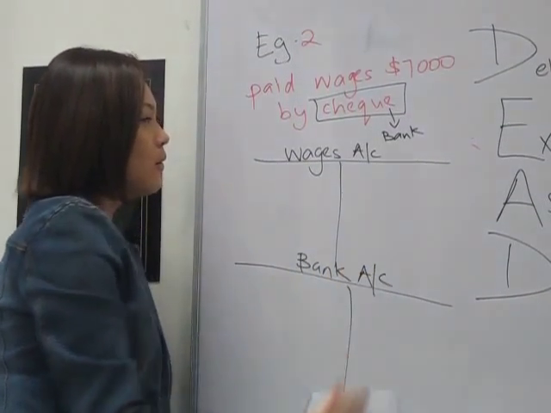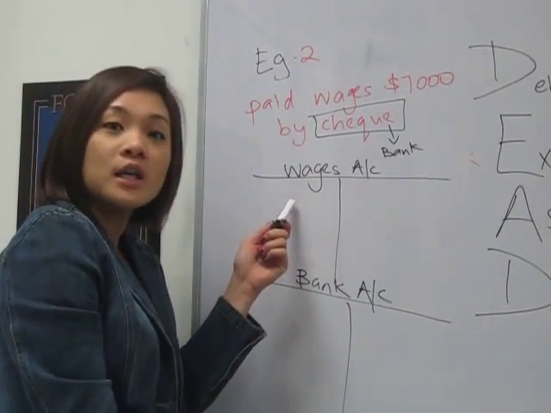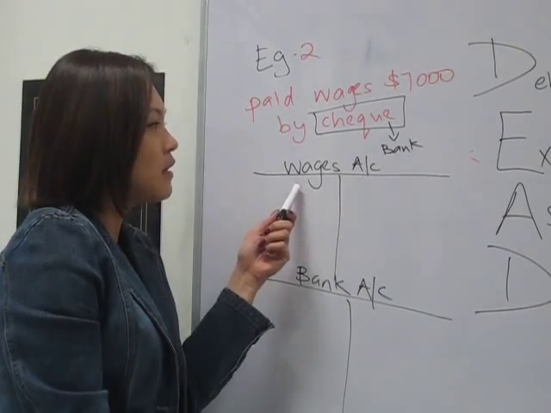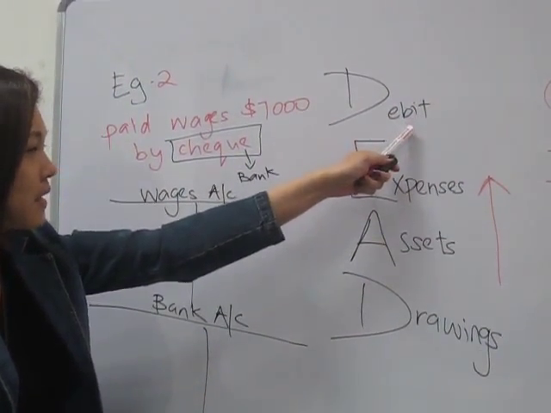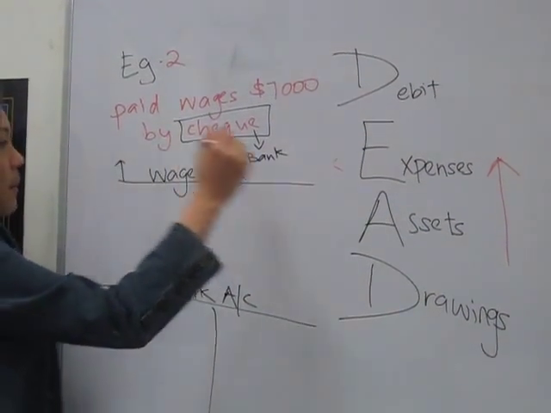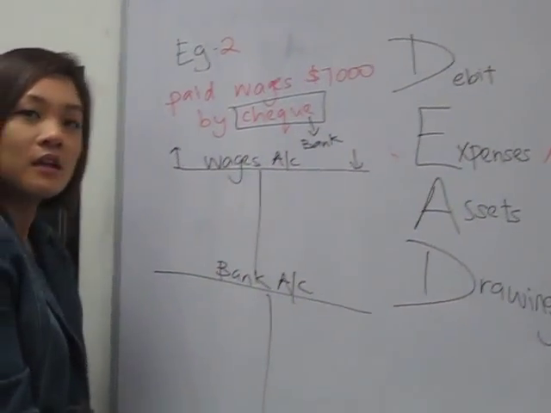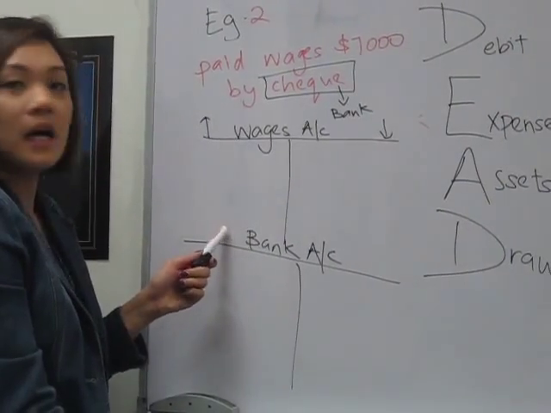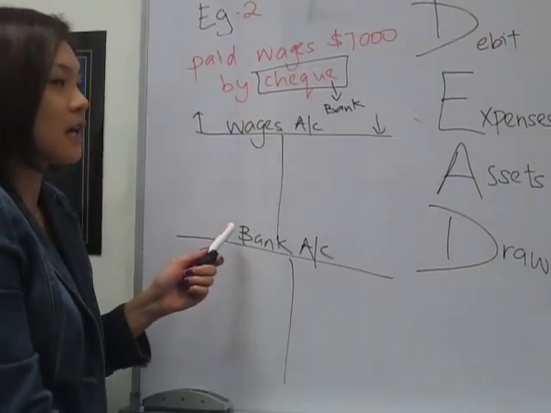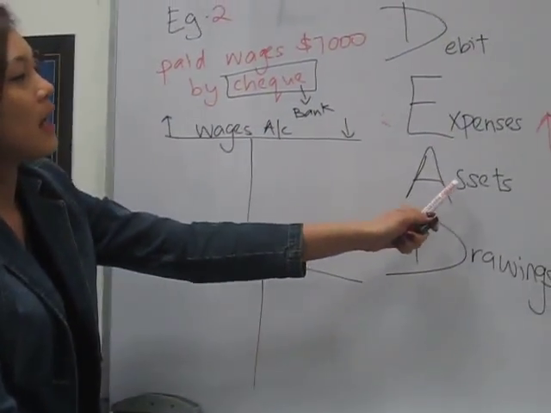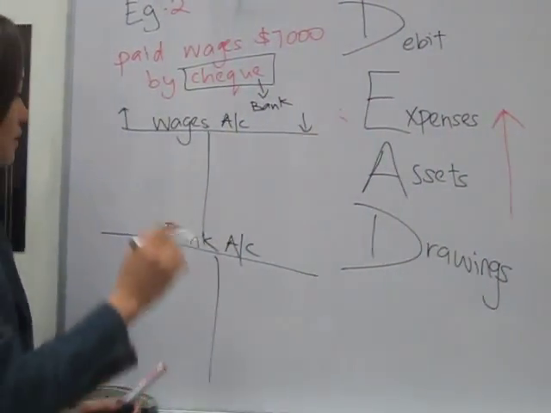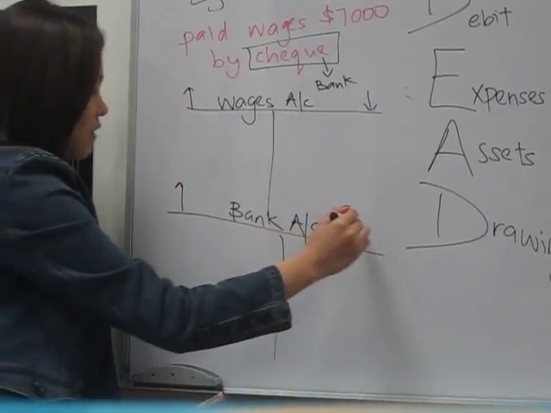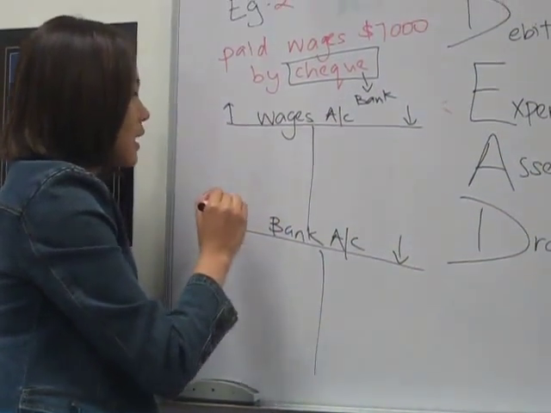Over here we know that wages is an expense. Expenses increase on the debit side. My arrows: debit increase, credit decrease. Bank, earlier we mentioned, is a current asset. Asset increases on the debit side, so increase on the debit side, decrease on the credit side.